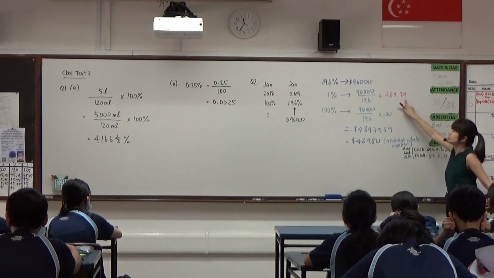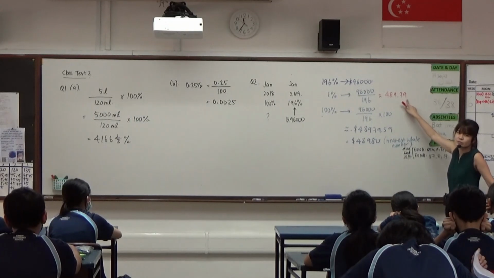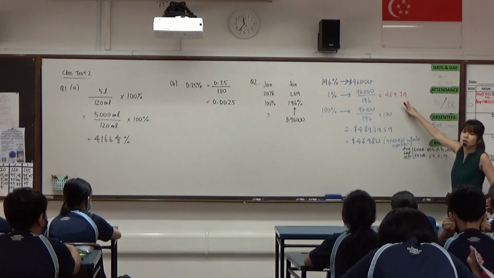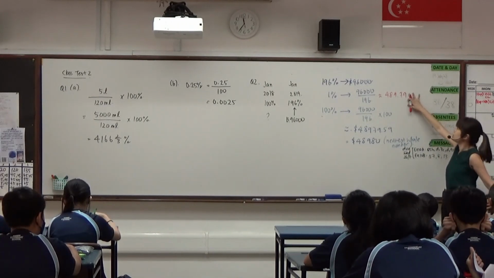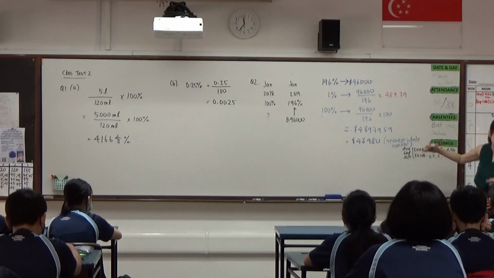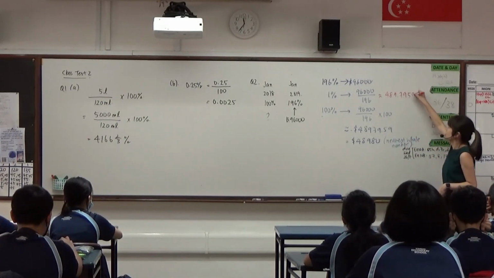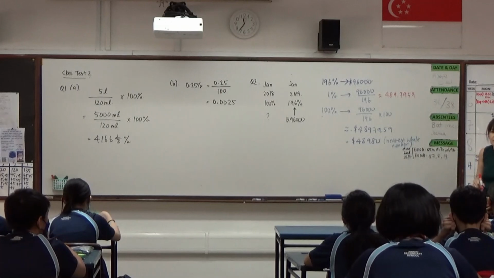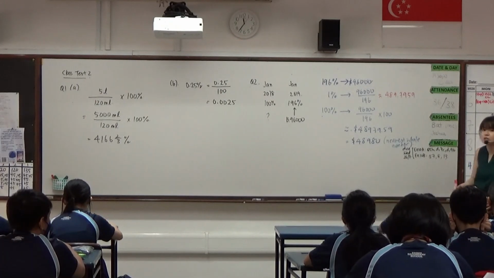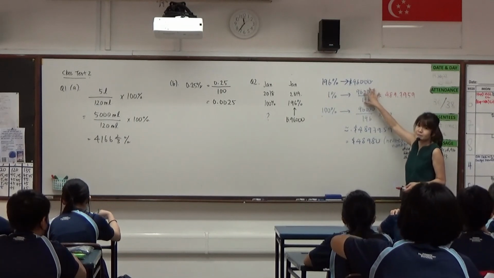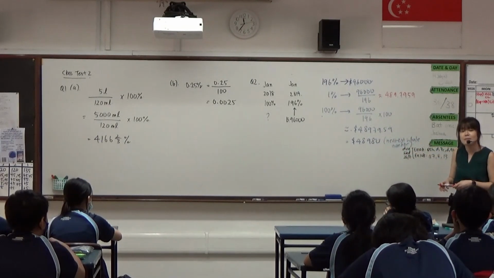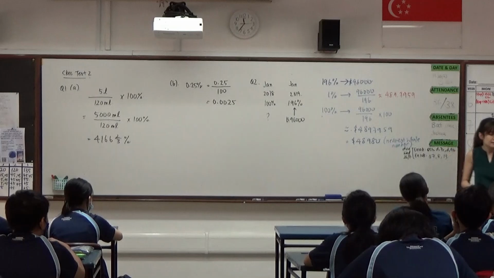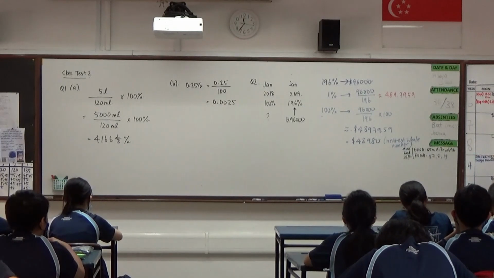But in this case, because it is up to the nearest cent already, this is actually a poor choice of accuracy. You may want more digits after that, so that you calculate with higher accuracy. Maybe add 1 or 2 more digits. Otherwise, the best option is really to keep the exact number and use it again. So that's about your accuracy, and that's why some of you lost accuracy marks.